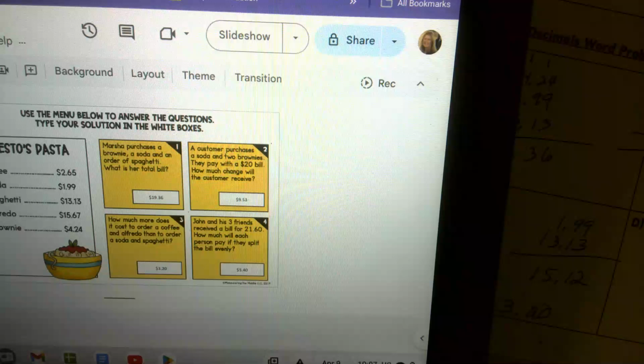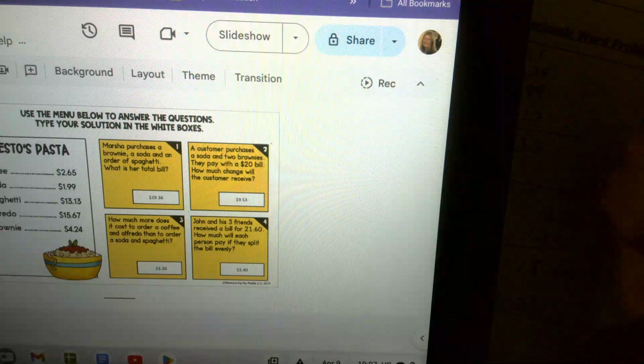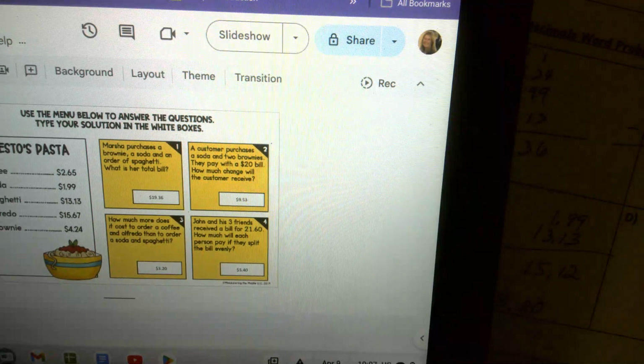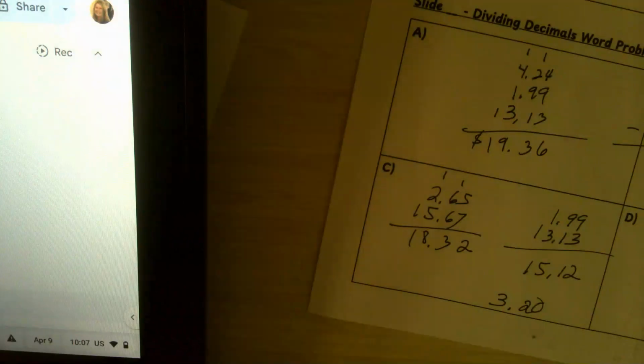Then the last problem, a lot of kids miss this one up first period. Juan and his 3 friends received a bill for $21.60. How much will each person have to pay? What do you divide it by? Yes, Juan got food too. You need to divide that one by 4.